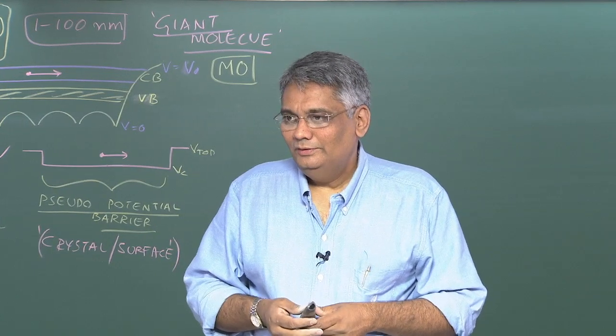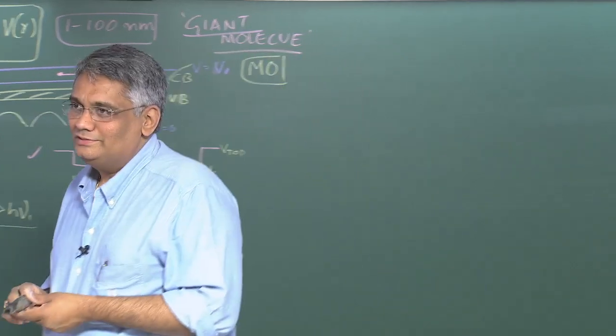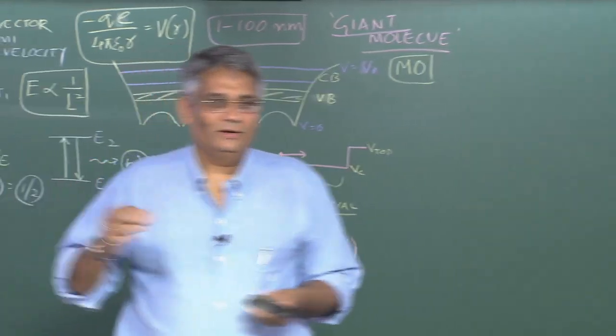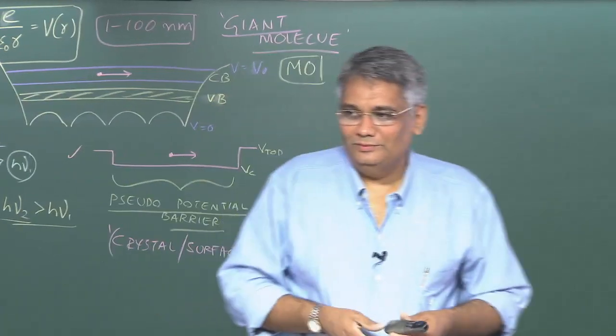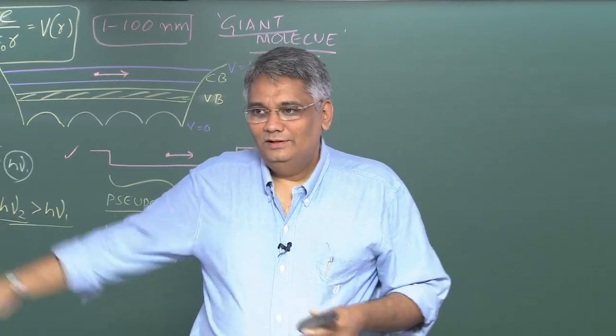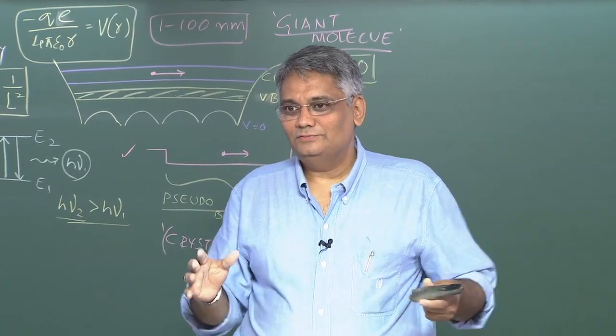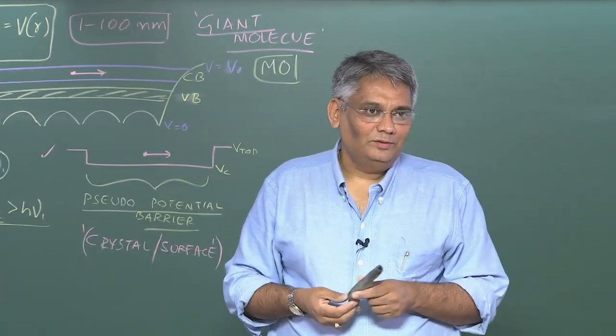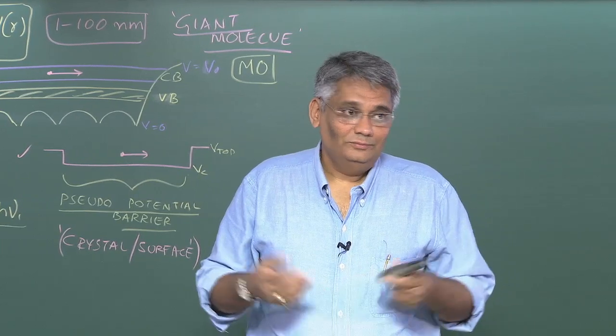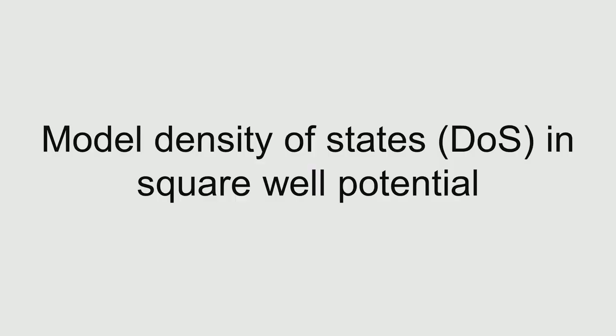Probably yes, because unless the electron density of states is affected, you are not expected to see changes in the physical properties. So the change that you have seen in the spectral emission in the case of CdTe or CdSe nanoparticles has something to do with changes in the density of states. Let's see what it is.